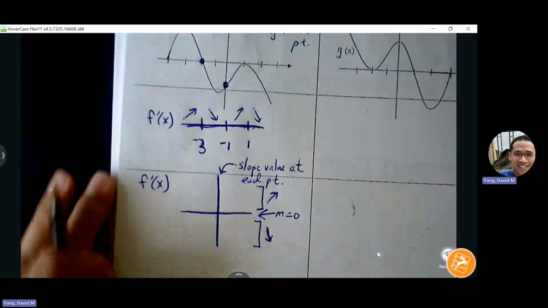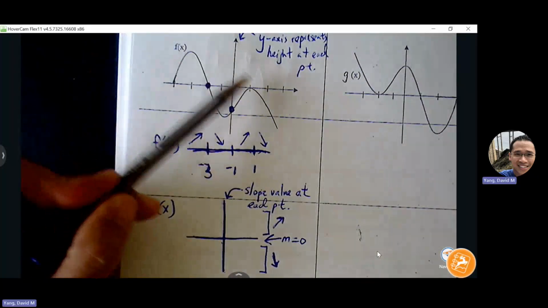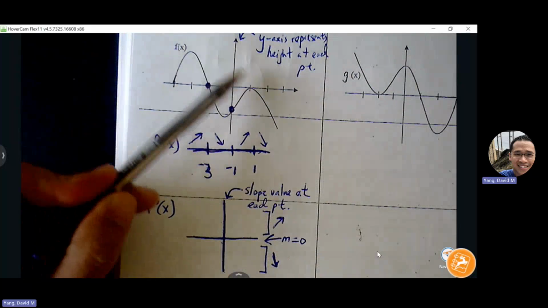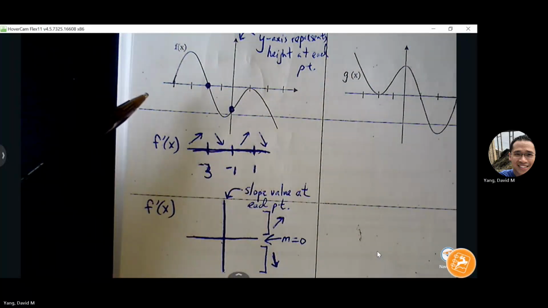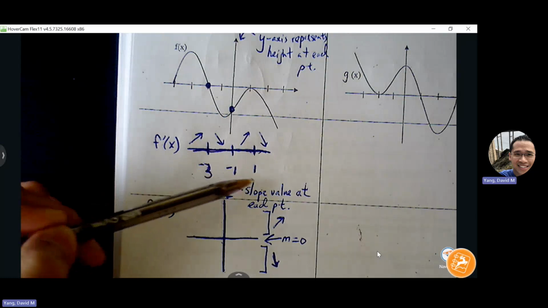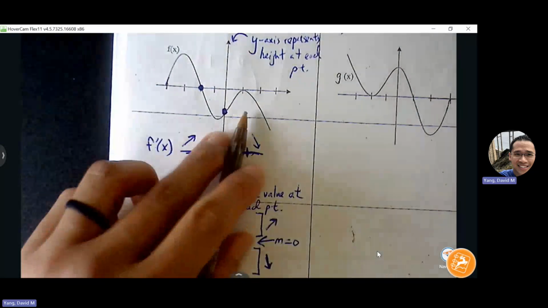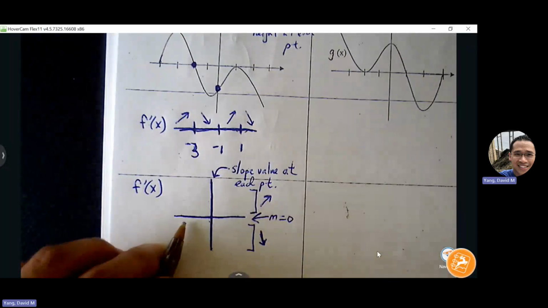Let me ask you, for this graph, where do you see slope zeros? Where the curve was -3, -1, and 1, right? So we're going to plot the relative max and mins as points on the x-axis.